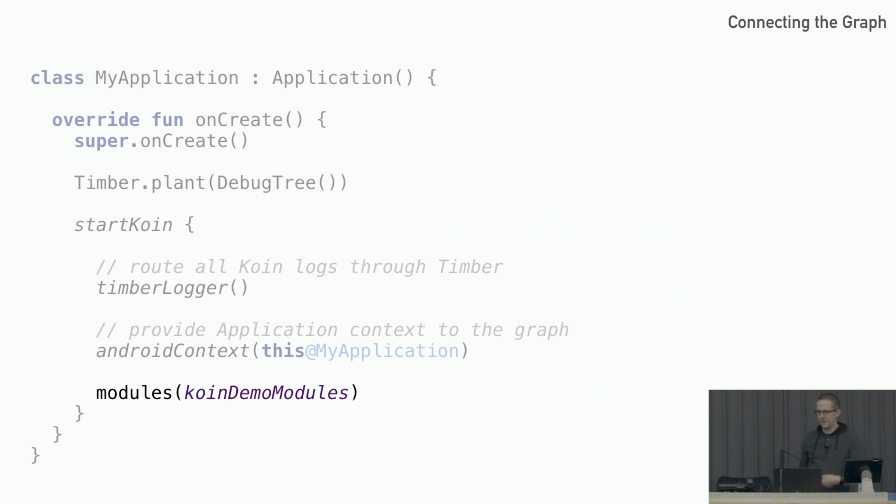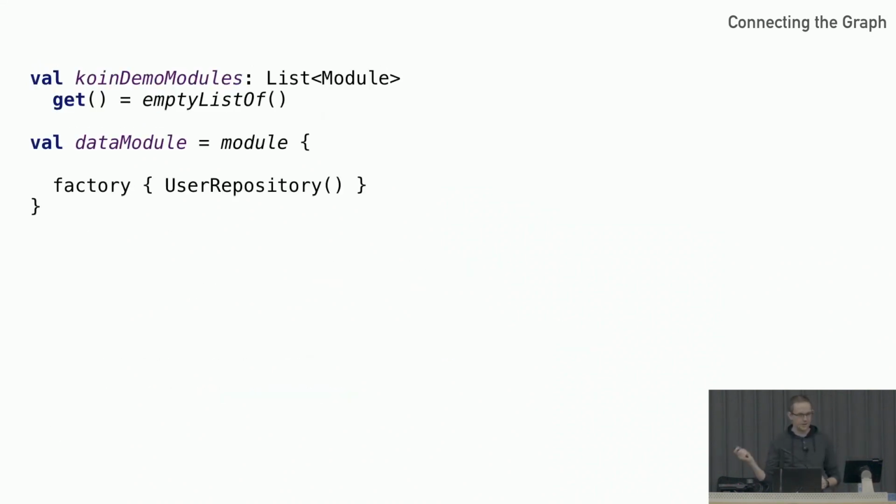So we've talked about how to create a single dependency, and now we need to let Koin know about it. I said I was glossing over this earlier, this Koin demo modules. It's just a top-level property, which is a list, and it was empty. And then we add our data module to it.